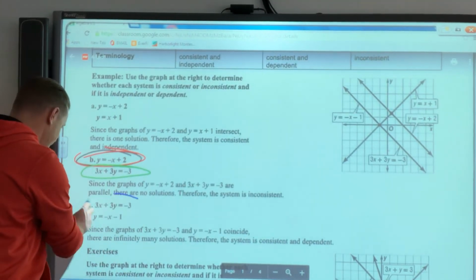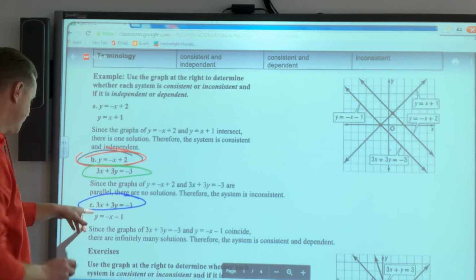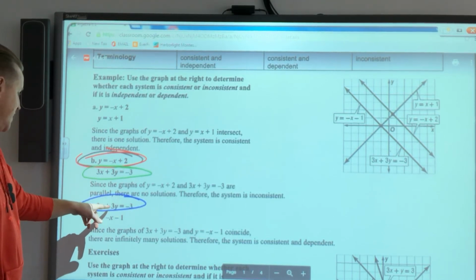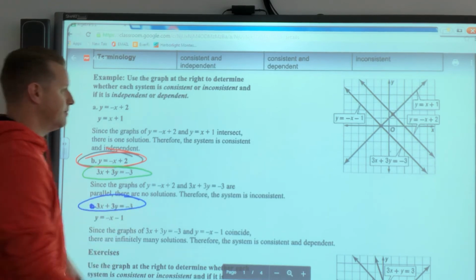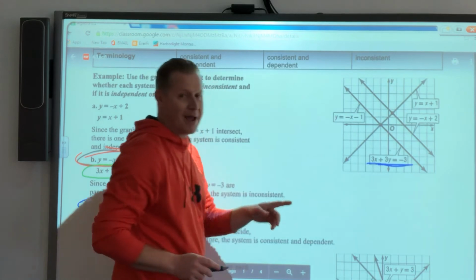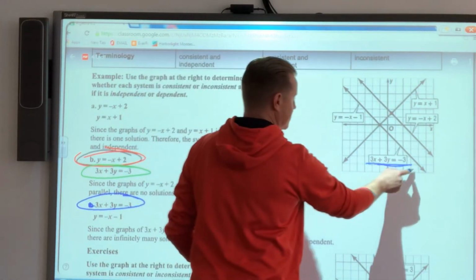Looking down here, example C. 3x plus 3y equals negative 3. Again, not in y equals mx plus b format. However, they've graphed it for us.